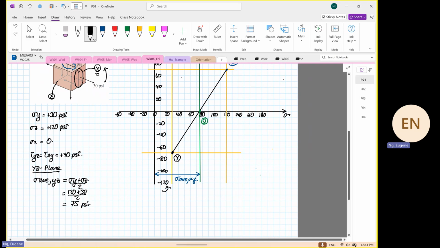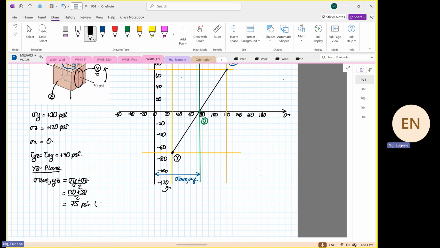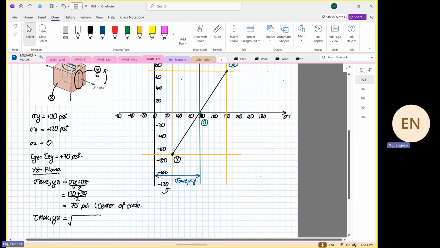Immediately after that, we calculate. So this one, we know that this is the center of the circle. The next edge is our shear max in the YZ plane. So this will be equal to, you immediately take the shear stress, which is 70, squared.